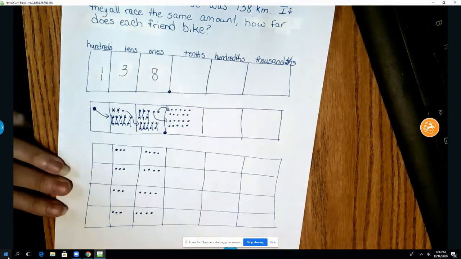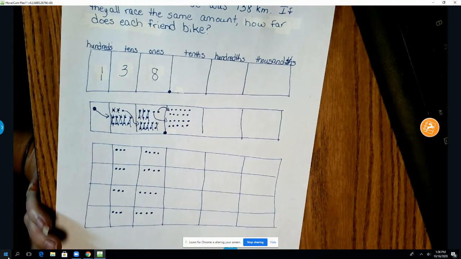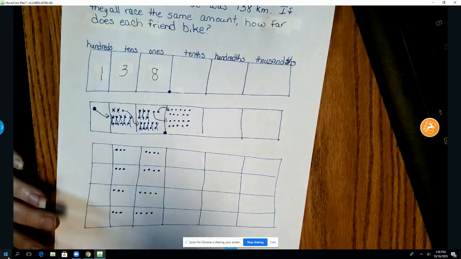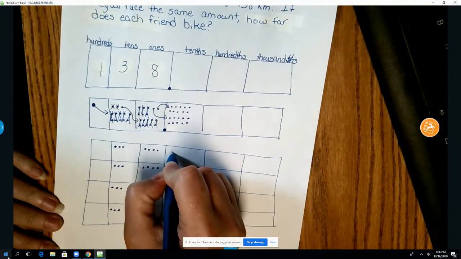Let's see. There are 20 dots, 20 tenths. Oh, and 4 times 5 is 20. So each one of my 4 groups can have 5.